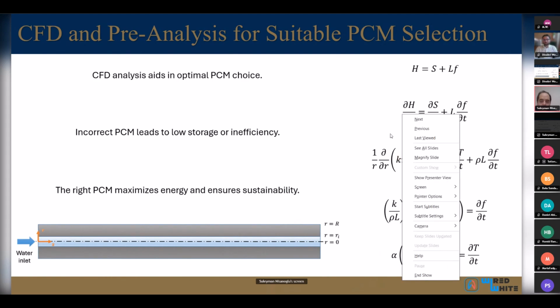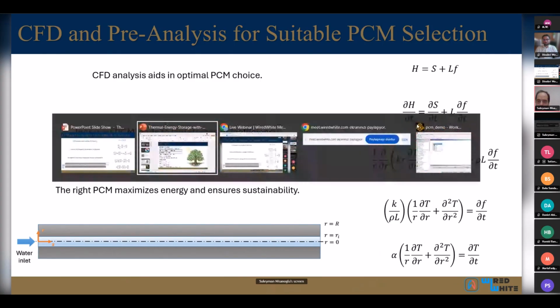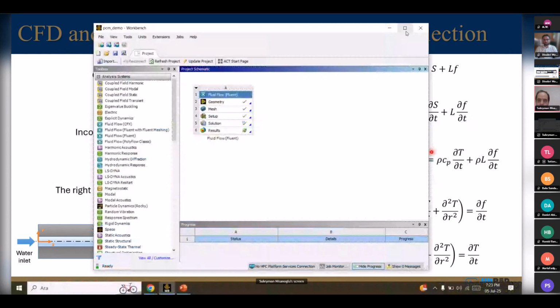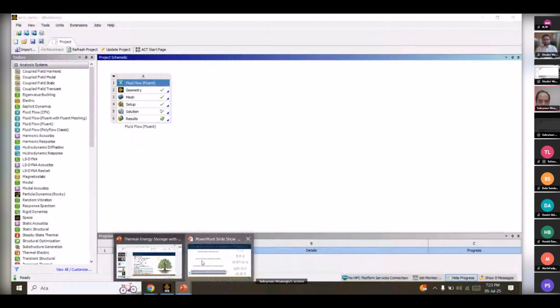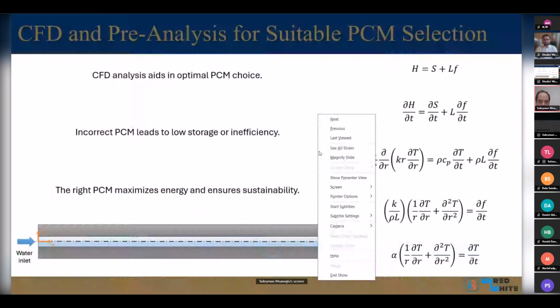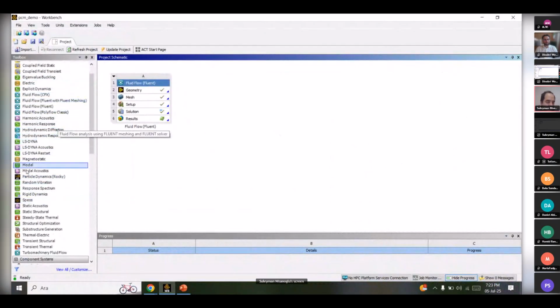Yes, now we can continue with ANSYS Fluent. Here, this is the software, ANSYS software, and we can select analysis system.